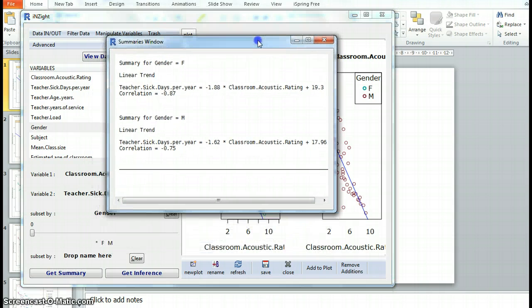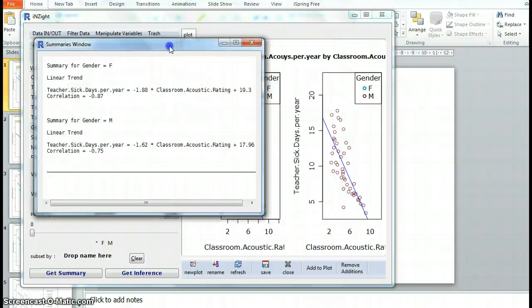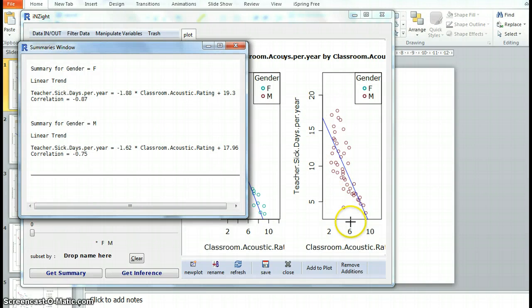Coming back to my prediction, if you wanted to predict, say, the number of days sick for a classroom with an acoustic rating of 5, you would obviously put 5 into this equation: 5 times minus 1.88 plus 19.3, and appropriately round your answer.